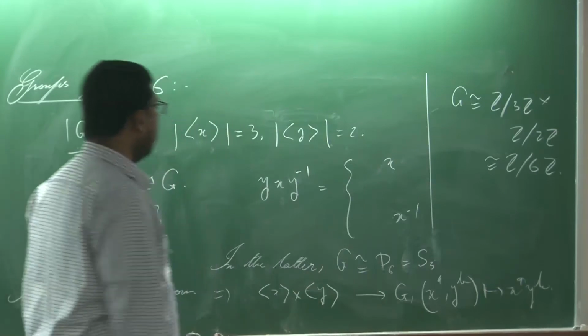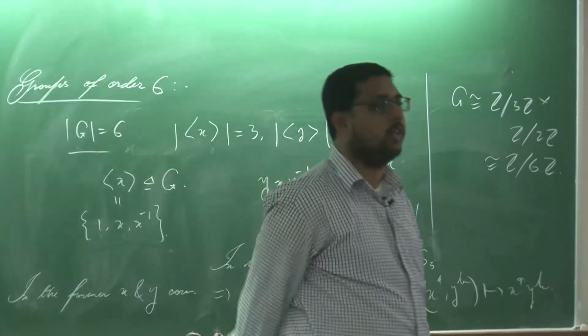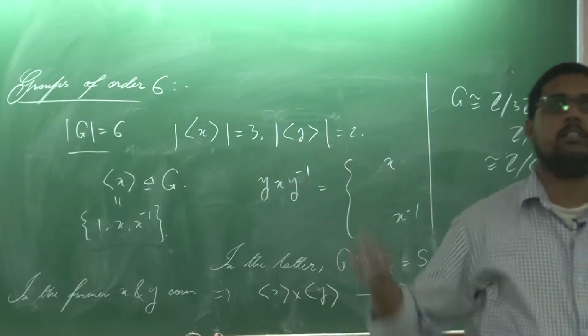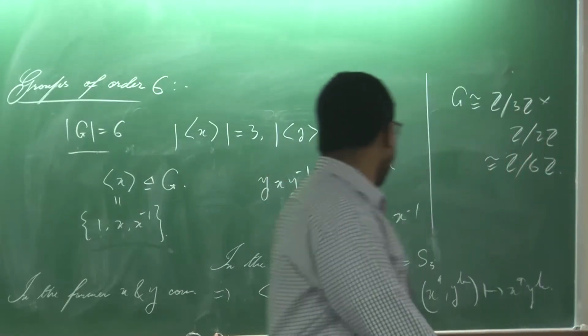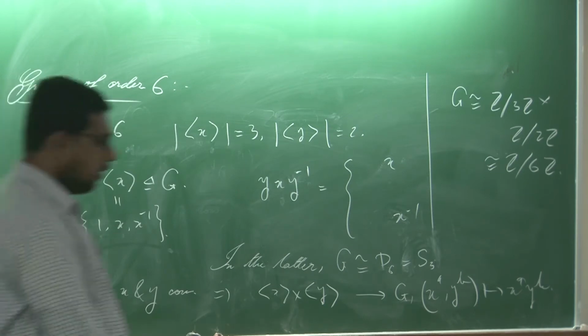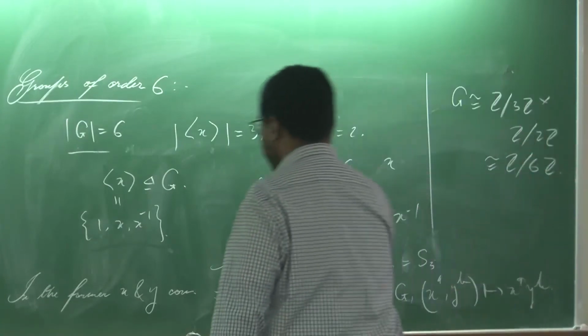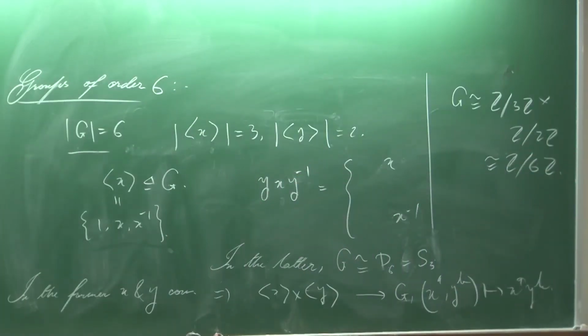So, as an immediate application of Sylow's theorem, we proved that for groups of order 6, up to isomorphism there are only two choices: one is the cyclic, another one is non-abelian, that is S3. Of course, this classification you can do with bare hands, that is without getting into Sylow's, but using Sylow's we can do it in a much easier way, that is what we have done.